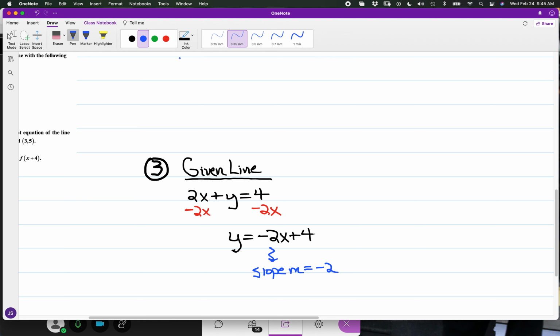For the parallel line, again, parallel lines have the same slope, so the slope is equal to negative 2. And we have the point through which the line is going to pass, the ordered pair 3, 3.